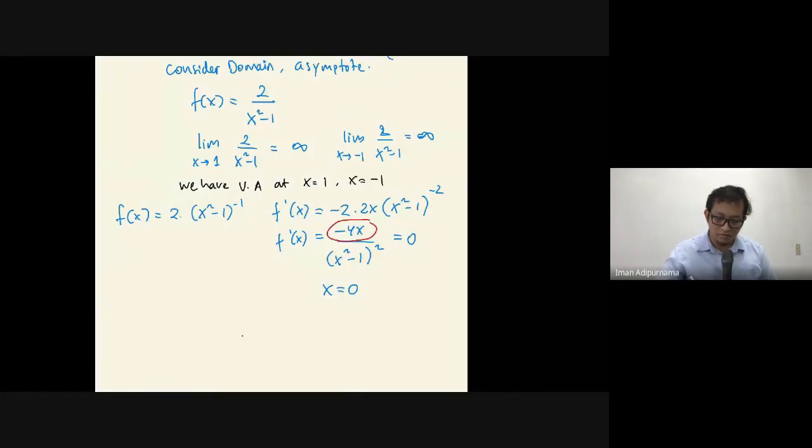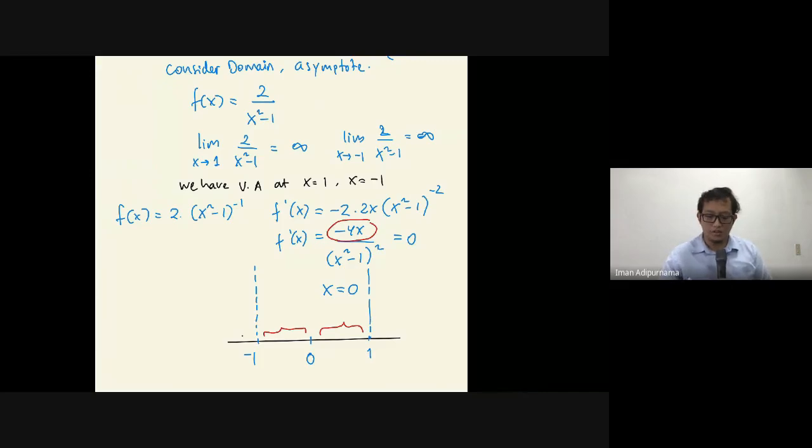And then let's draw the number line. Okay, this is 0. But remember, we have -1 and 1 as our asymptotes, right? So we need to think of this fraction. Maybe you can think of -half and half.